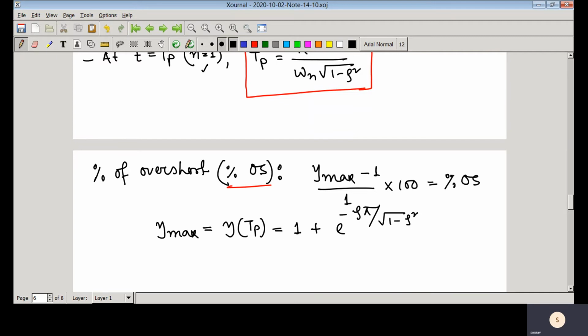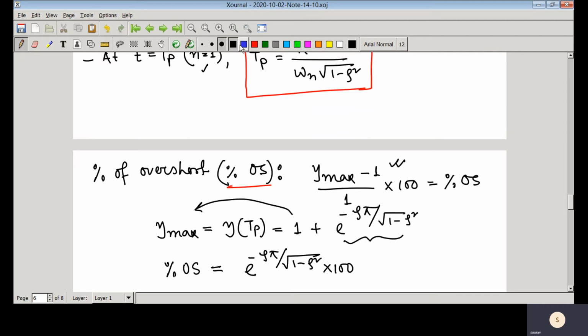Now if you bring that 1 to the left and divide by 1, we have only this term, that is the percentage of overshoot equals e to the power minus zeta pi divided by square root of 1 minus zeta square, into 100.